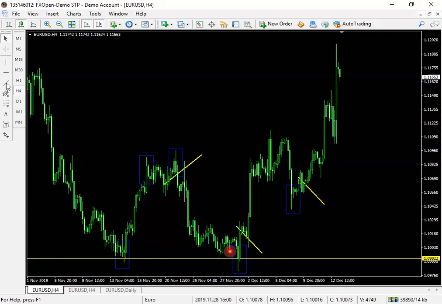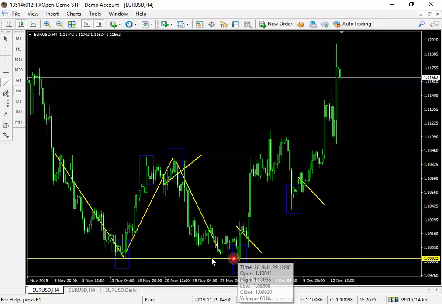This is what some call a double bottom, some call it a W formation, double tap, whatever you want to call it. It's not really that important, as opposed to how you then trade that particular trade setup.